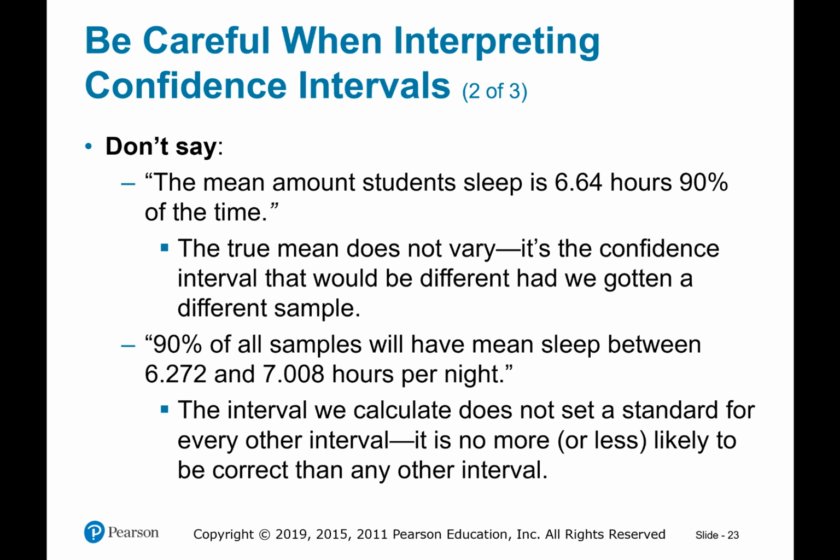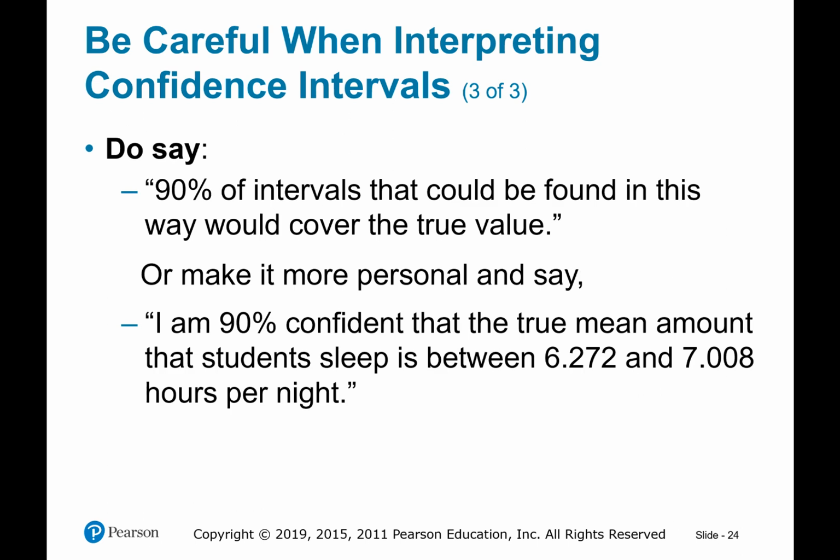Don't say 90% of all samples will have a mean sleep between this and this. It doesn't set a standard for every other interval. It's no more likely to be correct than any other interval, but not less likely either. 90% of samples of the same size, that would be a better way of saying that one. 90% of intervals that could be found in this way could cover the true mean.